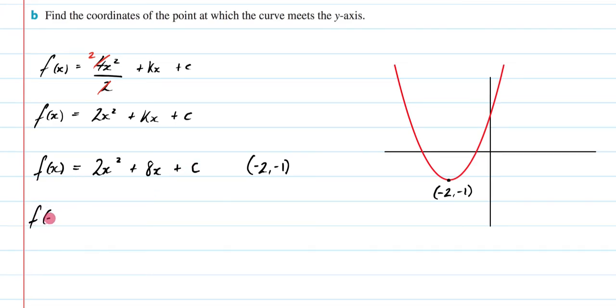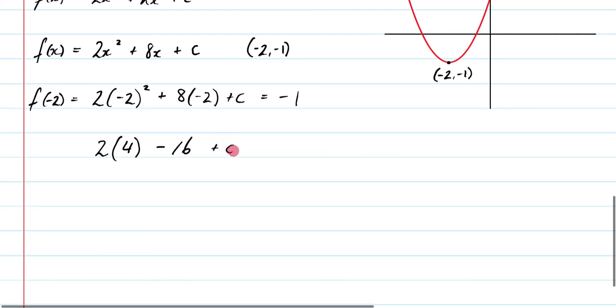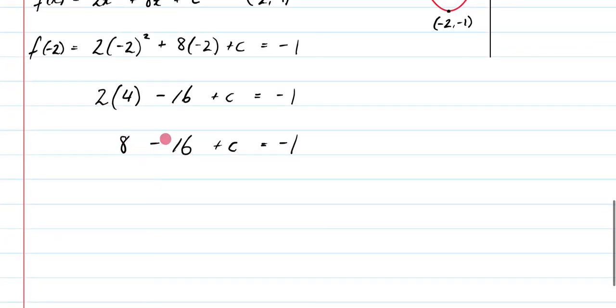So at f of -2, I'm going to get 2 times -2 squared plus 8 times -2 plus c is equal to -1. Let's now solve this. It's 2 times 4 minus 16 plus c equals -1. 8 minus 16 plus c equals -1. 8 minus 16 is -8, plus c is equal to -1.